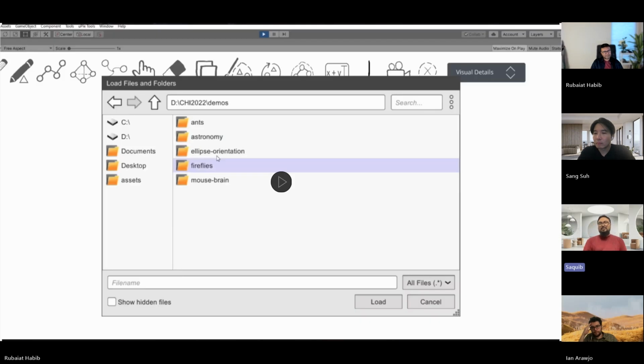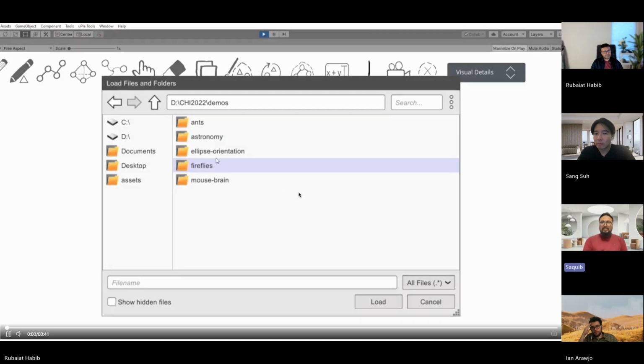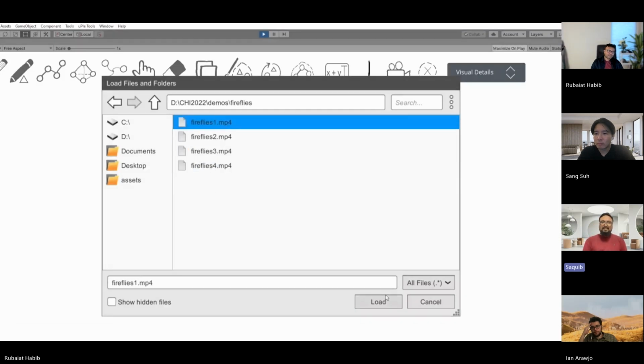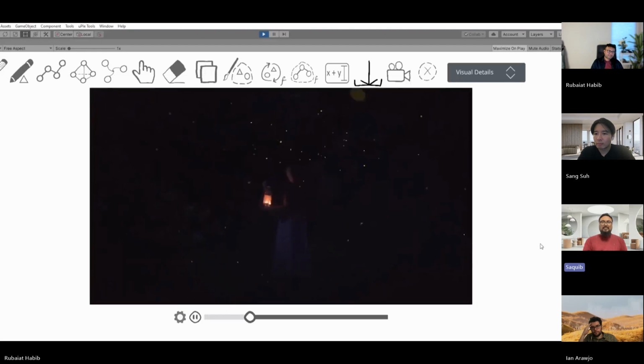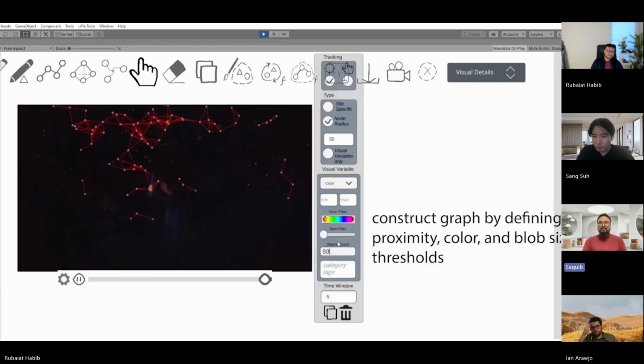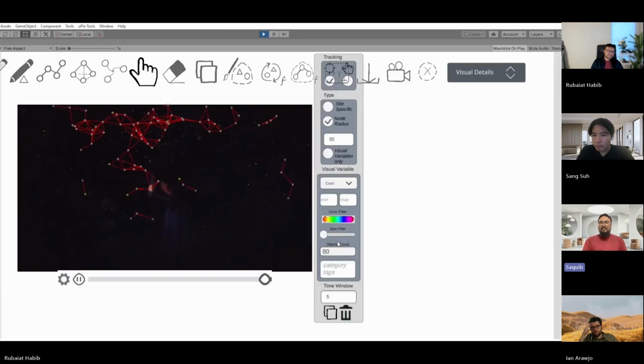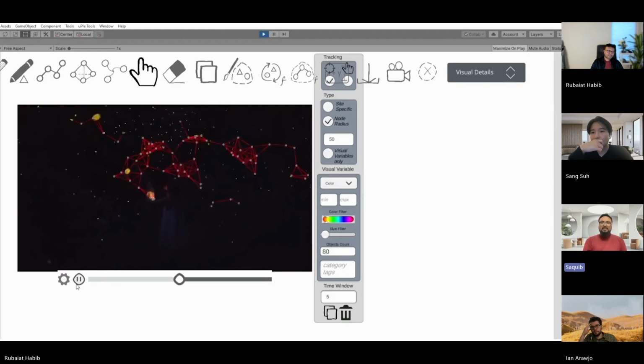So if I take this video and open up this notebook-like interface that we created, load this video, and then define some parameters for how to extract a graph network out of it, then in every frame we're getting a different graph network, and this is what the result would look like.